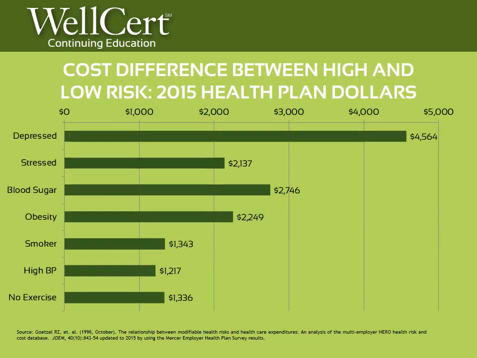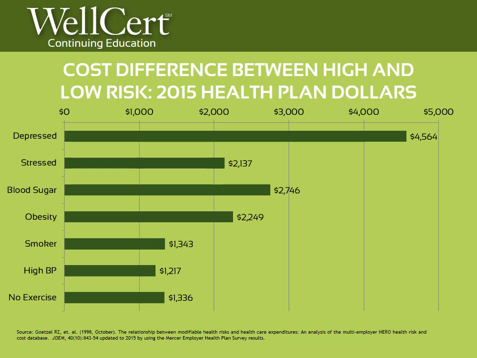Now, the cost difference between high and low risk individuals for this particular listing of risk factors. This is 2015 health plan dollars. So what we're looking at is the 1998 October data brought up to 2015, and it basically says if you report that you're depressed versus a person that's not depressed, your costs are on average $4,500 more per year in terms of health plan cost.